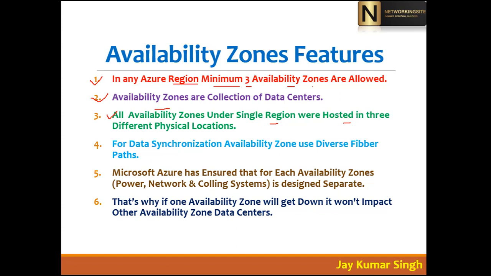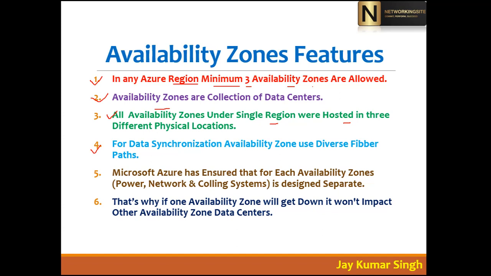Now for data synchronization, availability zones use a diverse fiber path from zone 1 to zone 2, zone 2 to zone 3. They are using a dedicated fiber path.